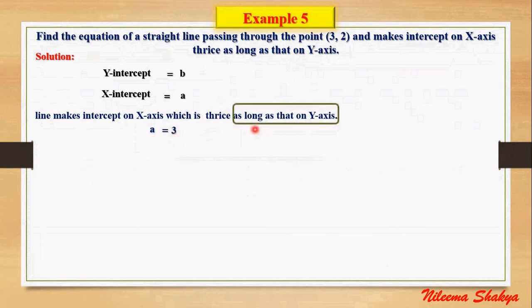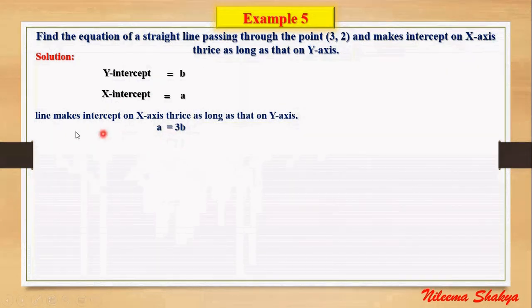And "as long as that on y-axis" is talking about the y-intercept, which is denoted by b. So we write b here. Now, the intercept on the x-axis, which is thrice as long as that on the y-axis, is a equals 3b. The statement is expressed as an equation. Let's number this equation as equation number 1.